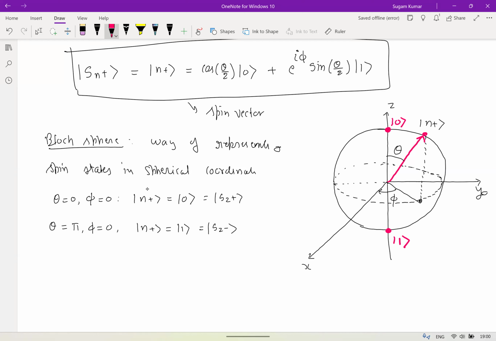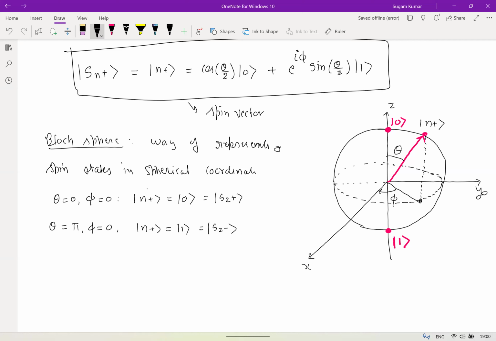So this is the upspin, and this is the downspin. On the Bloch sphere, generally we call the top the North Pole and the bottom the South Pole. So the North Pole represents the spin up state along that direction, and the spin down state is shown on the South Pole.